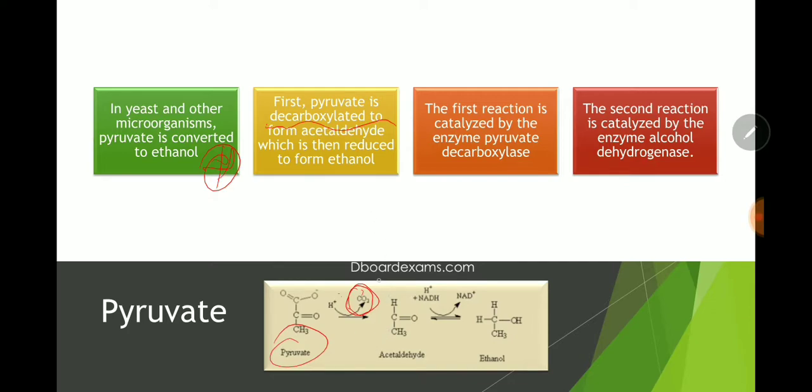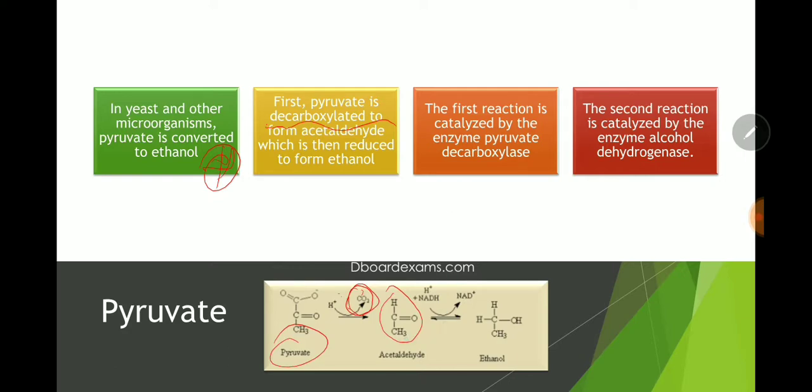Remember which step is producing carbon dioxide in glycolysis. All right, and then this forms an aldehyde. Here is the aldehyde, and you can tell it's an aldehyde because it has this CHO group here, with a methyl group. So this is acetaldehyde. Pyruvate is decarboxylated to form acetaldehyde.